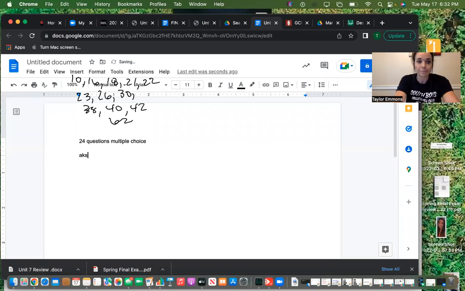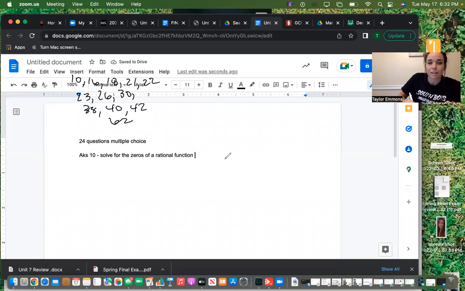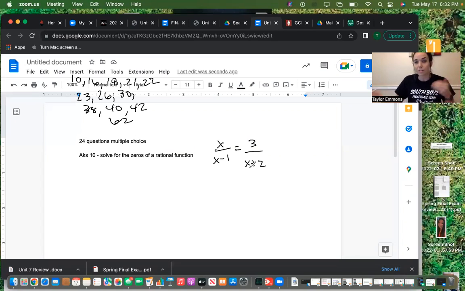AKS 10 is going to be solve for the zeros of a rational function. Remember, rational functions are something that looks like this. I may not have one of these on your final exam review guide, but y'all were pretty good at this. I didn't have any problems with y'all. And then it would be like, okay, solve for the zeros.